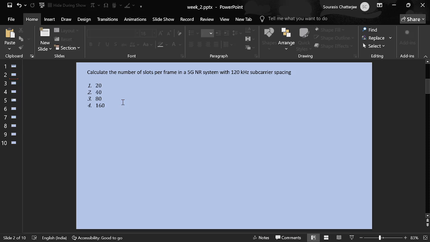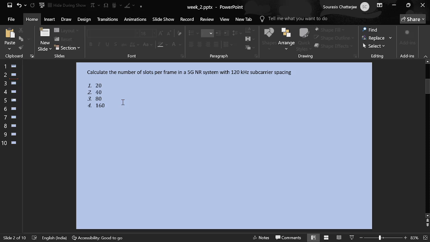Okay, thanks. So the first difference between frame, subframe and slot is that slot is a dynamic scheduling unit, that is, it's numerology dependent. Frame is always 10 milliseconds in duration, irrespective of subcarrier spacing. Subframe is always 1 millisecond in duration, but a slot is not.